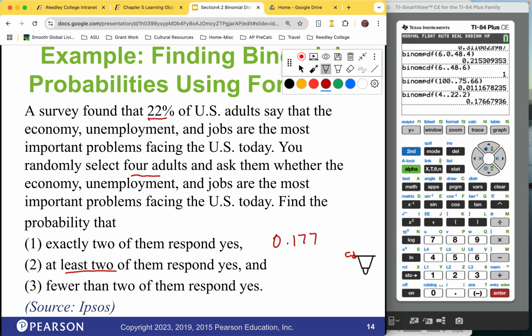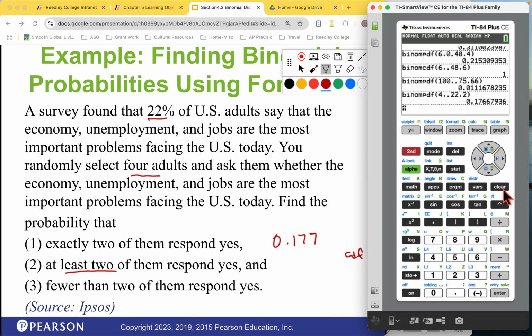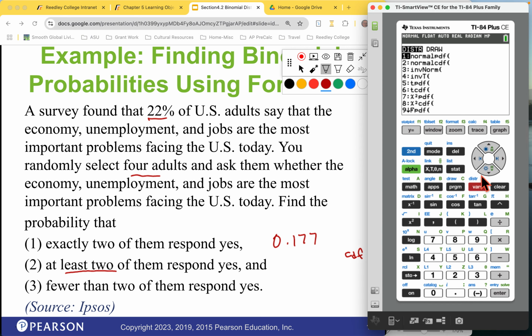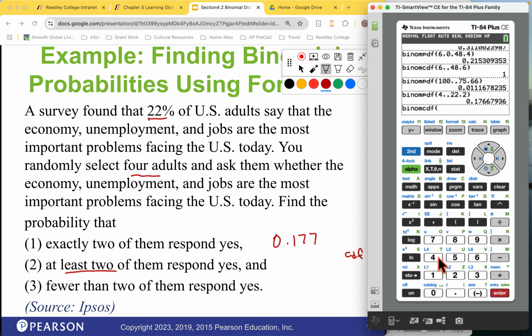But remember, the CDF is less than or equal to, so we can't put the CDF of 2 because that would give us 2, 1, and 0. We want the CDF of 1. So I'm going to arrow up to the CDF, and it's still 4, comma, 0.22.